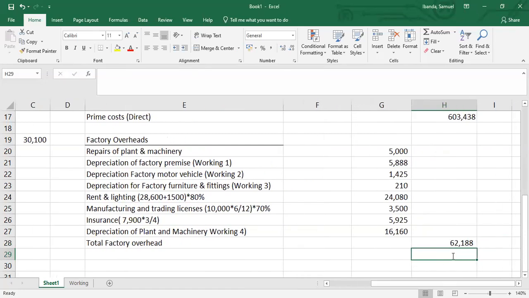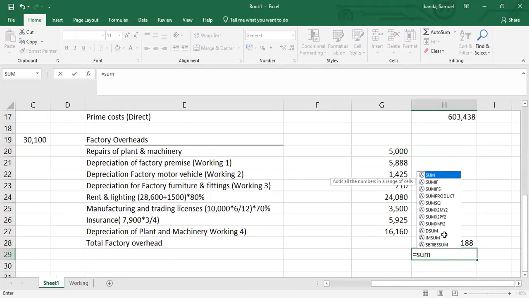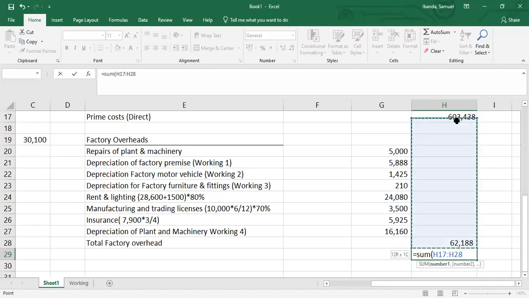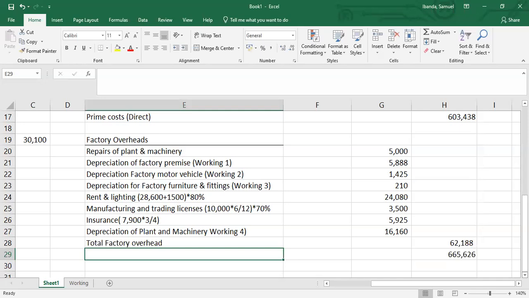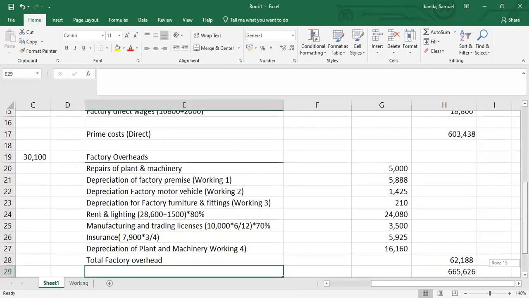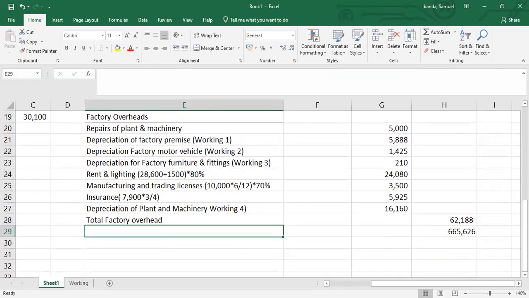Then I can sum up these two and get 665,626. After you're done with your factory overheads, do you know the next thing that we look at when it comes to manufacturing accounts? We look at the changes in work in progress.